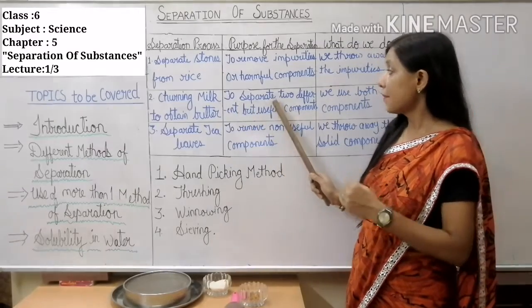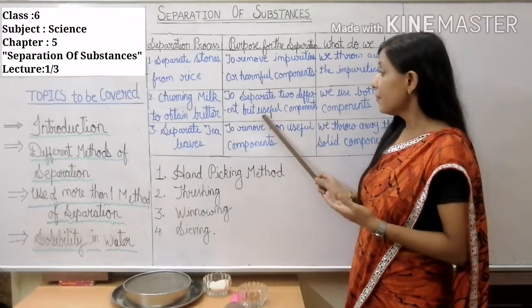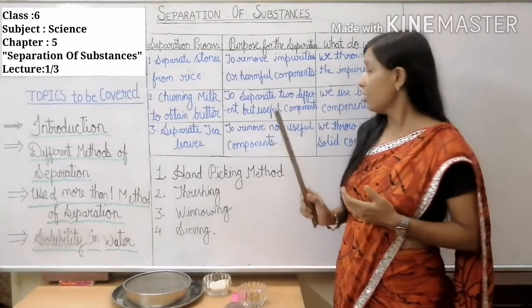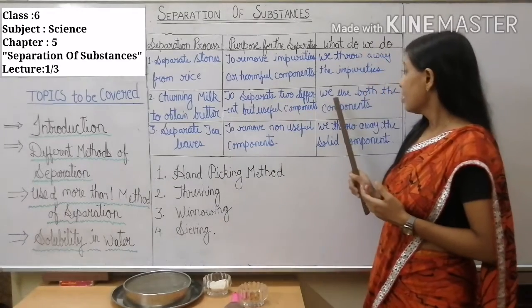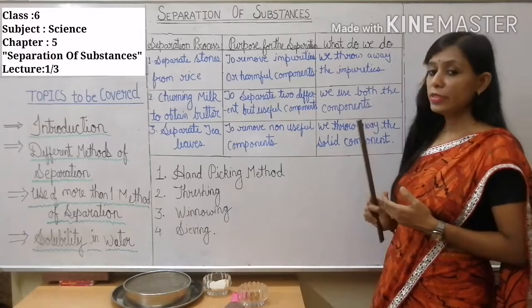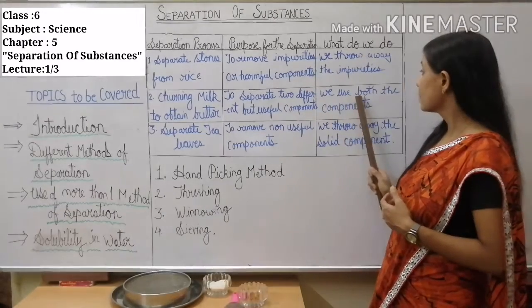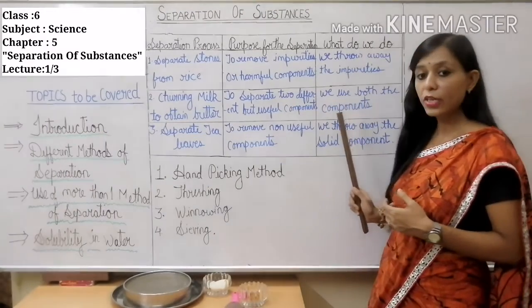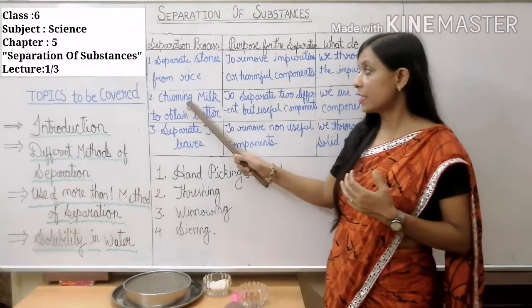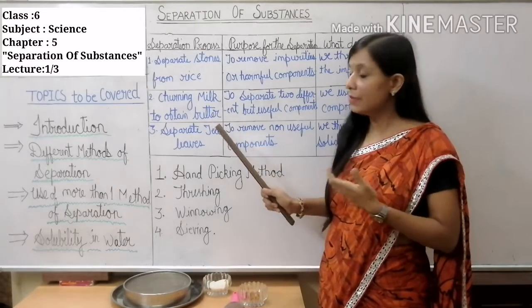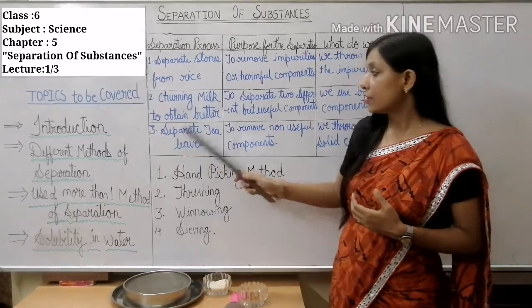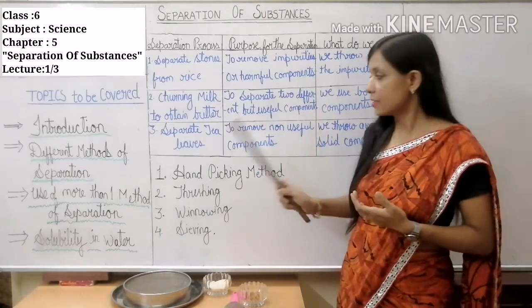Yes, to separate two different but useful components. And what will we do with the separated components? We use both the components. What will we obtain from churning milk? We will obtain lassi and butter. So we can use both the substances.